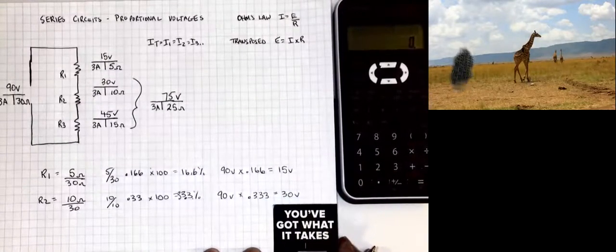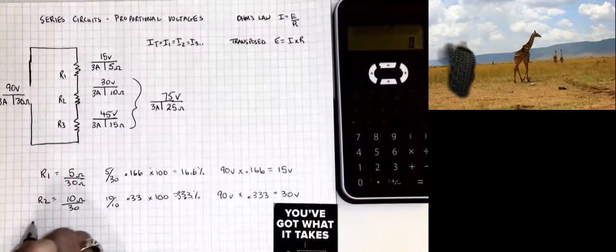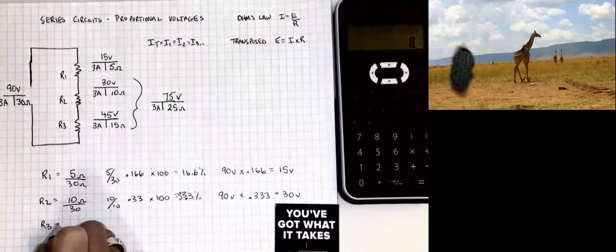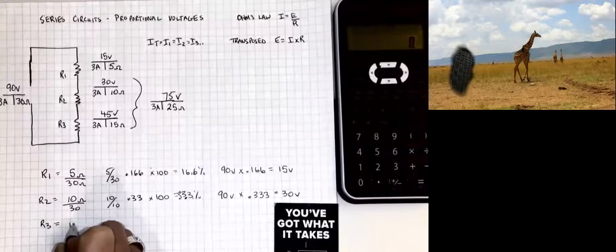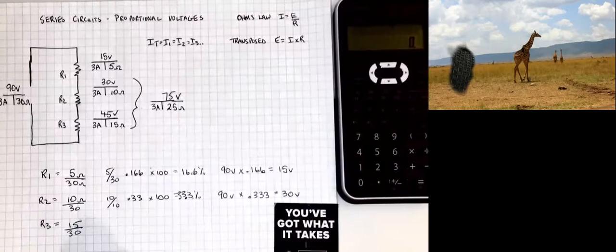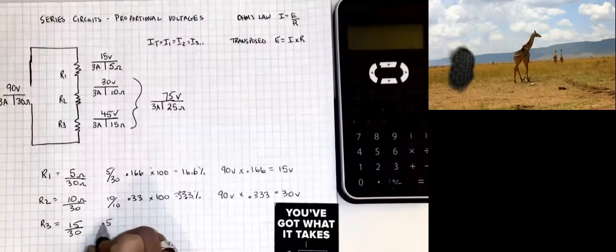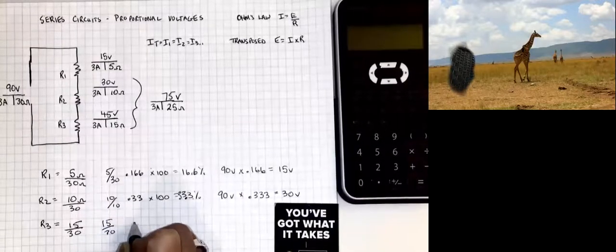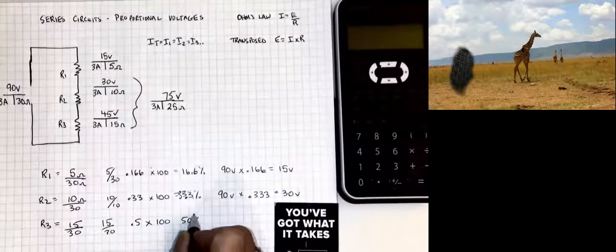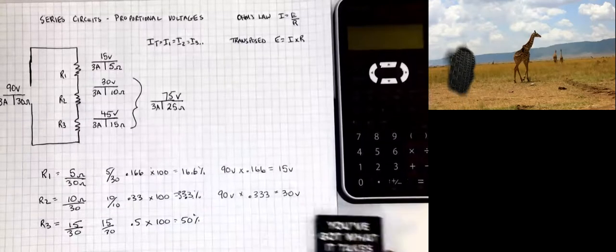And we could do the same for R3, and we would end up with R3 equals 15 ohms out of a total of 30, which will be 15/30th is 0.5 times 100. 50% of the voltage will drop across R3.